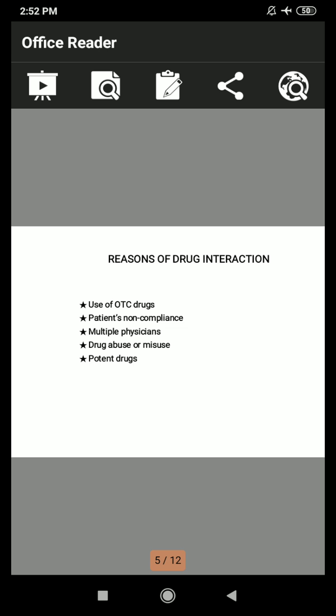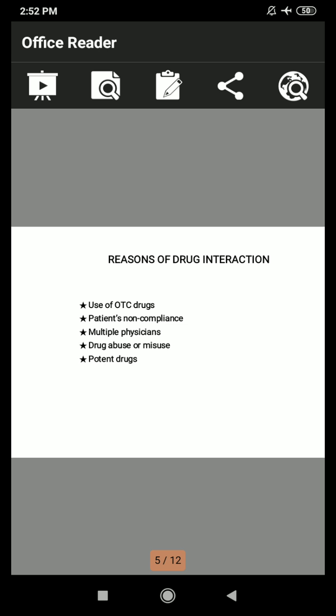In that, without consultation of physicians, use of OTC drugs like aspirin, antacids, nasal decongestants, etc. with prescribed drugs can result in drug-drug interaction.